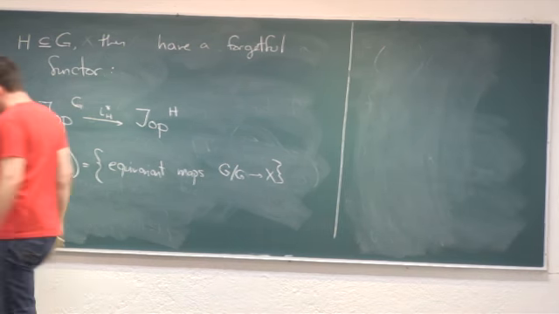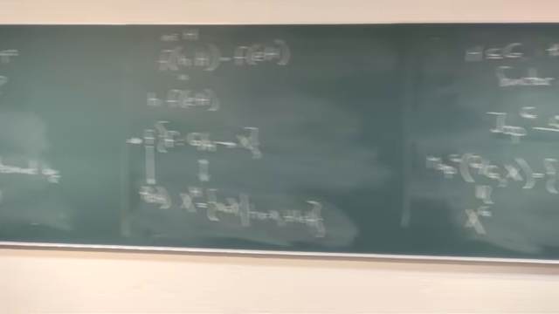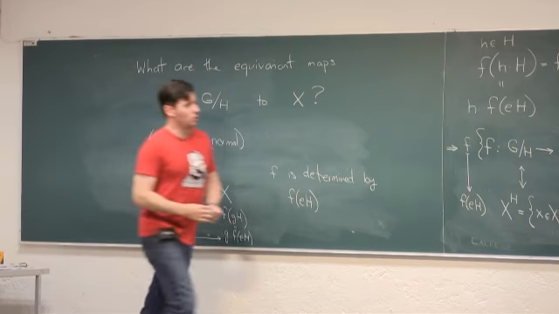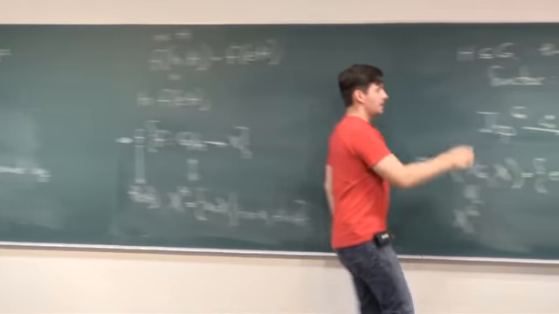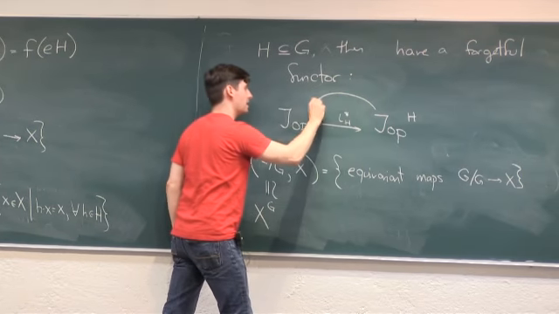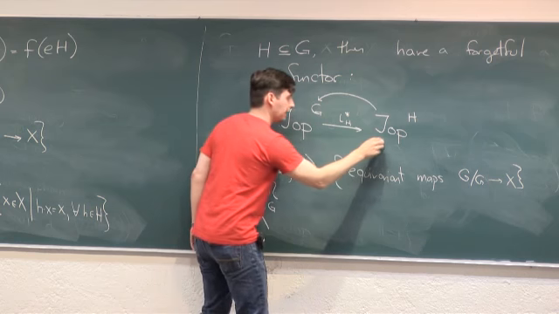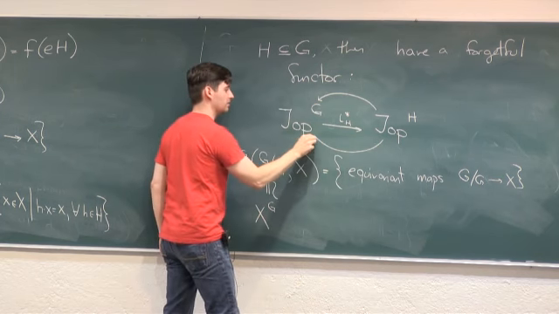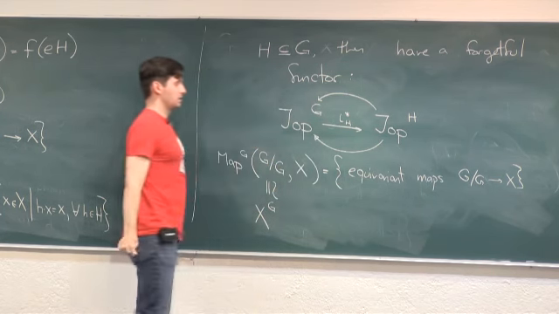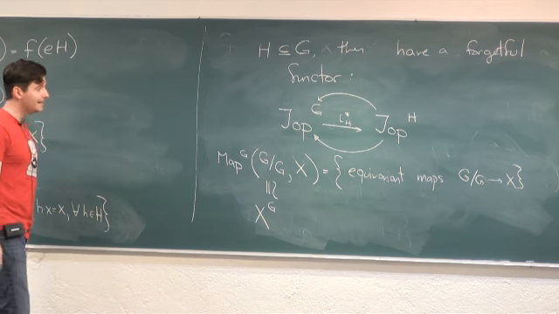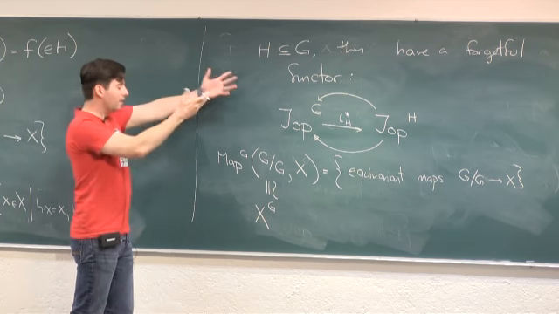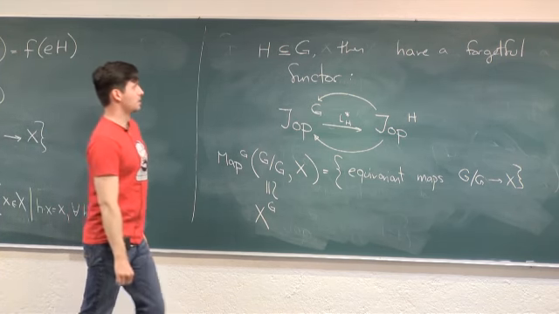So this restriction functor actually has both adjoints. I have a map that takes me from H spaces to G spaces, and then I have another map that takes me from H spaces to G spaces. And at this point, I haven't drawn either of them. Well, I've drawn the arrows, but I haven't said what they are.